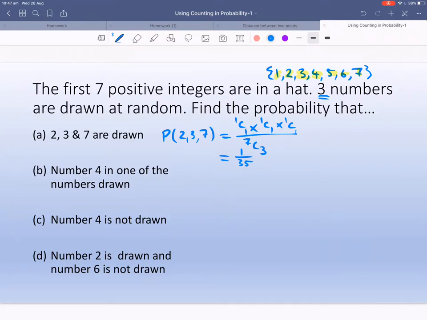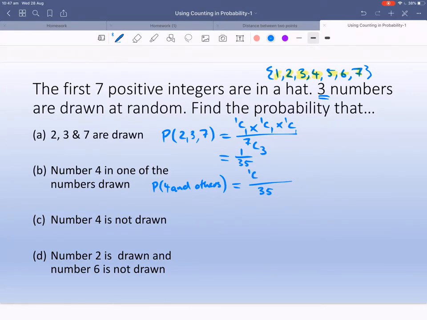All right, second one. Number 4 is one of the numbers drawn. Okay, so let's do the same thing. We know that 7 choose 3 is 35, so I'm just going to use that. So 4 and others, because there's going to be 2 others that will get drawn. So our denominator will be 35, and our numerator is that we have to pick that 4.